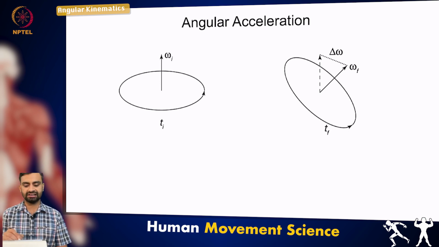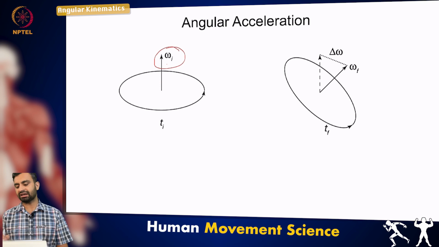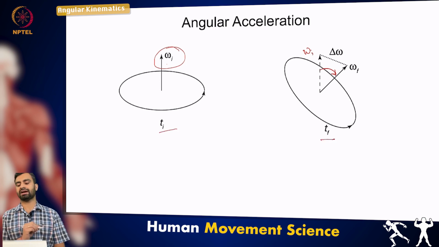For example, initially if it is in the horizontal plane, then we can see omega i is the initial angular velocity, and after some time if it changes its direction, it moves from this position to this position. So this is omega i and this is omega f, after a certain amount of time, initial time and final time, and then the change in angular velocity is delta omega.